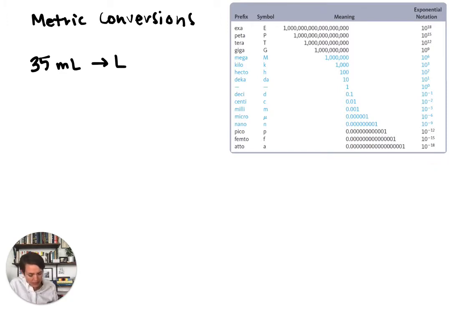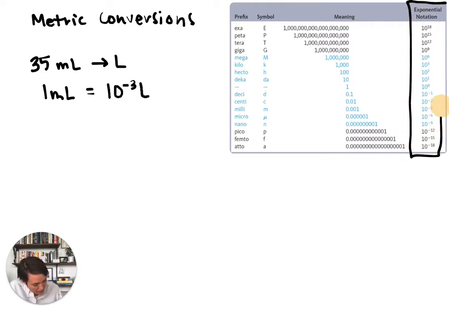So that is our relationship between milliliter and liter. Specifically, that means that 1 milliliter is equal to 10 to the negative third liter. You want to think of this entire column as, I like to say, it belongs with your base unit.